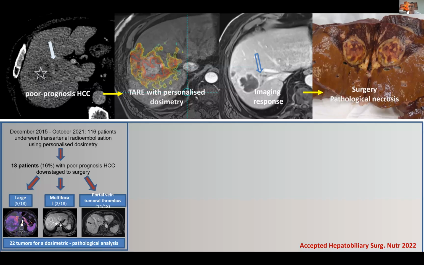That's the reason why, in this work, and this is one of my last slides, a very recent work just accepted in HPB, we looked at our experience with this poor prognosis HCC: large HCC more than 8 cm, or multifocal HCC, or HCC with portal vein invasion, first downstaged with Y90 and then operated.